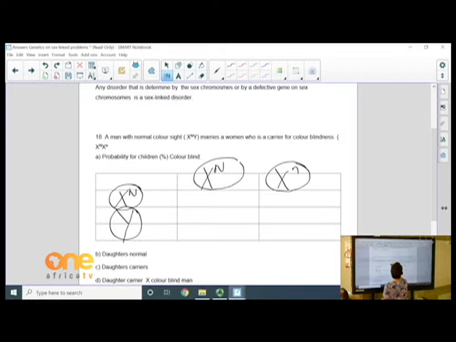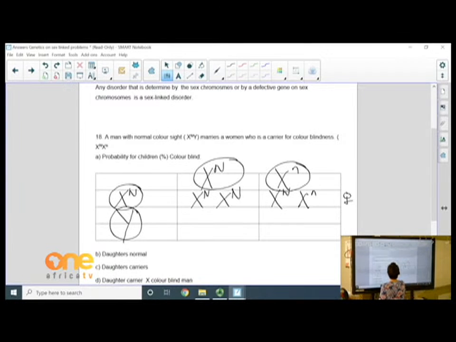She is the carrier. So this child will be an X and an X, so it's a girl. Capital N, capital N, so normal vision. Capital N, small n, another girl. So these two here we will have girls, right?